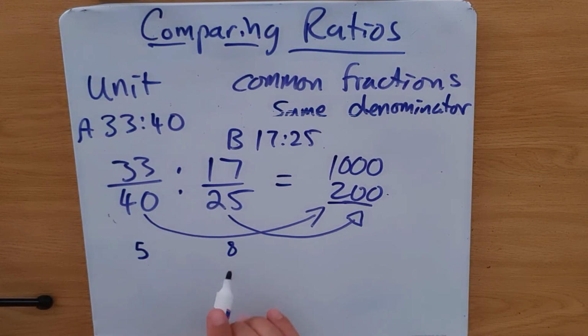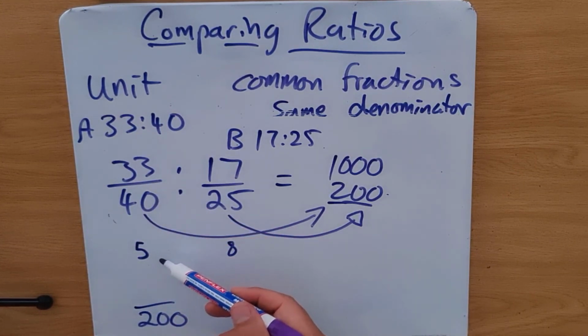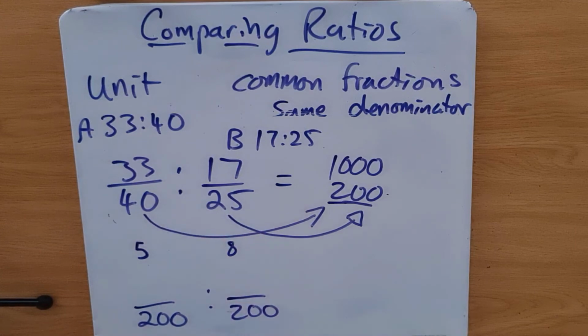Now, that is very important because when I put my new denominator down, it's 200. But now we need to look at the numerator. When it comes to a fraction, whatever I do to the bottom, I need to do to the top. So if I multiplied 40 by 5 to get 200, I need to multiply 33 by 5 and I get 165.